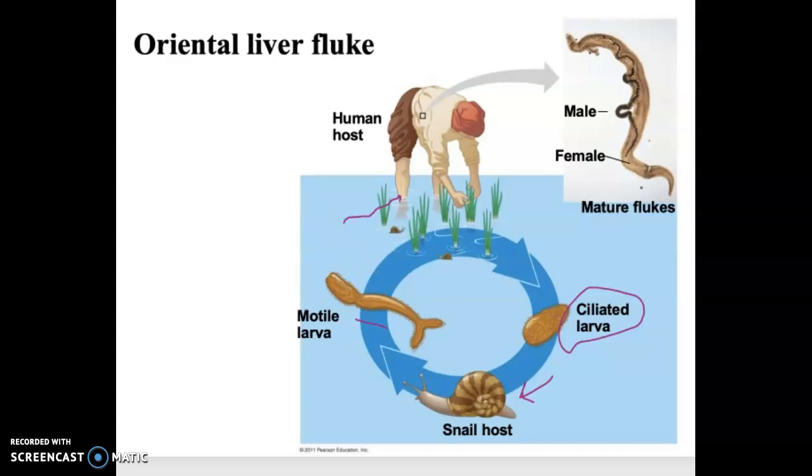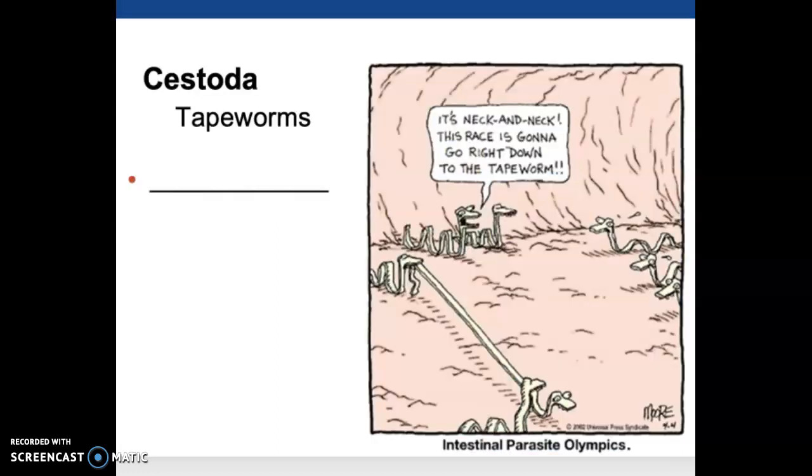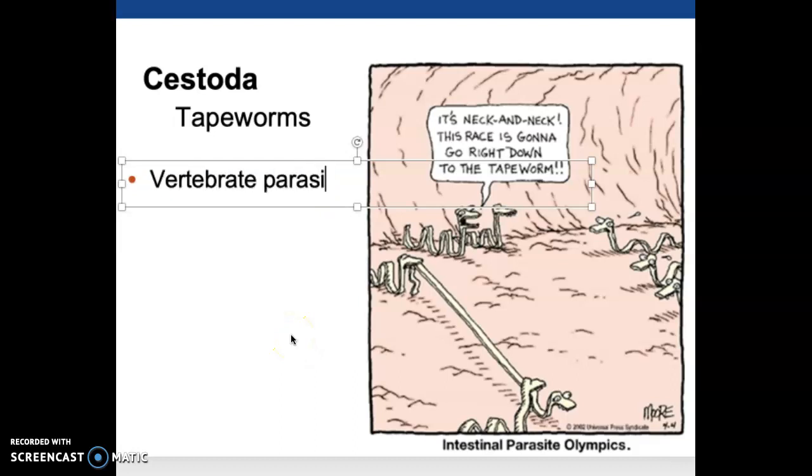All right, so the one we're probably more familiar with and more likely to come across will be Cestoda. Now, these guys are the tapeworms. So Cestoda are going to be vertebrate parasites. So we see these things parasitizing vertebrates, animals with backbones.